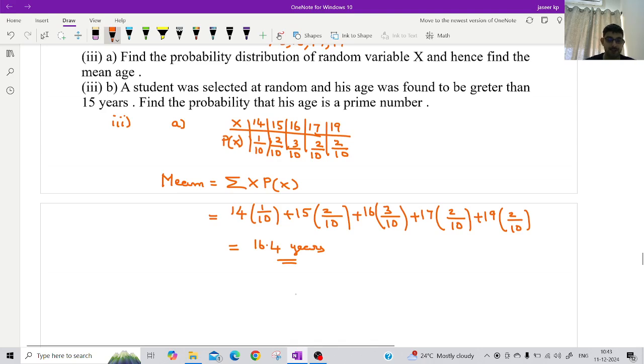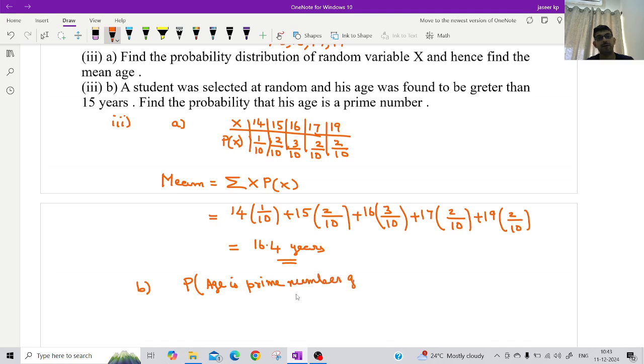Now there is a B part here. That is the probability that the age is a prime number, given that the age is greater than 15.